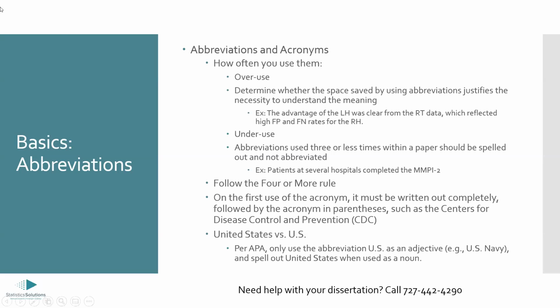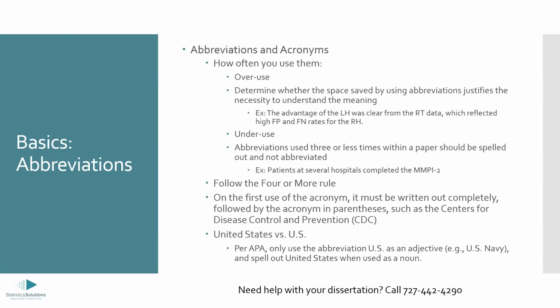But so next is abbreviations. Abbreviations should be used if a certain title is used more than 4 times in a paper, basically. So say you're looking at something like the Centers for Disease Control and Prevention. Let's say that that's our example for today.